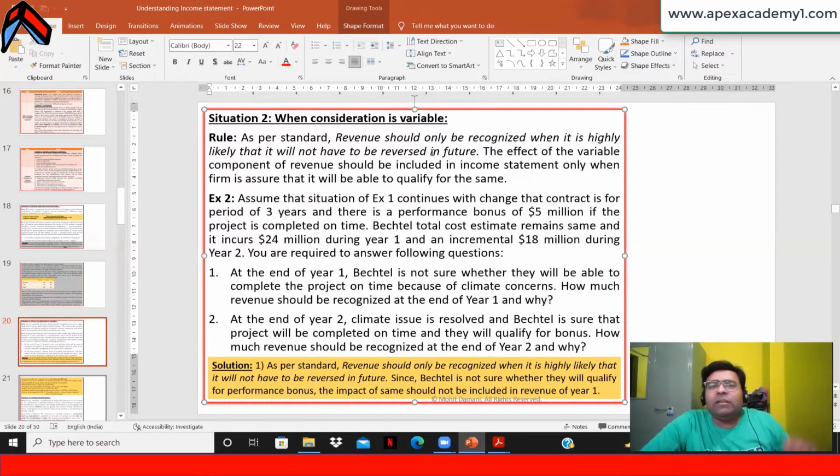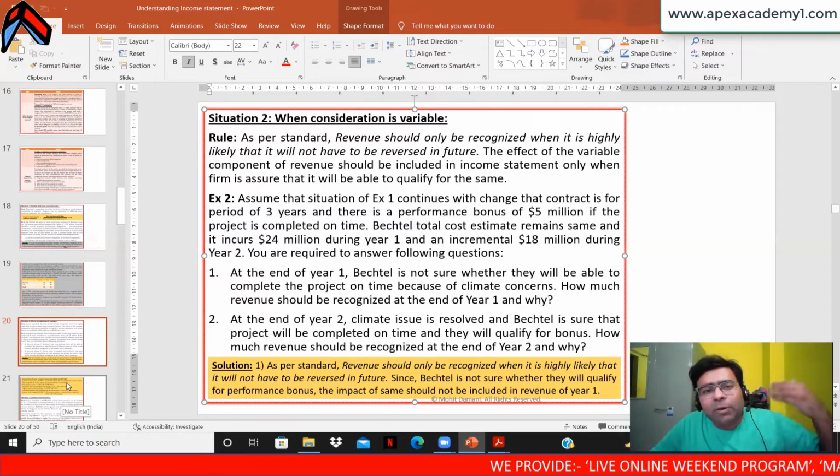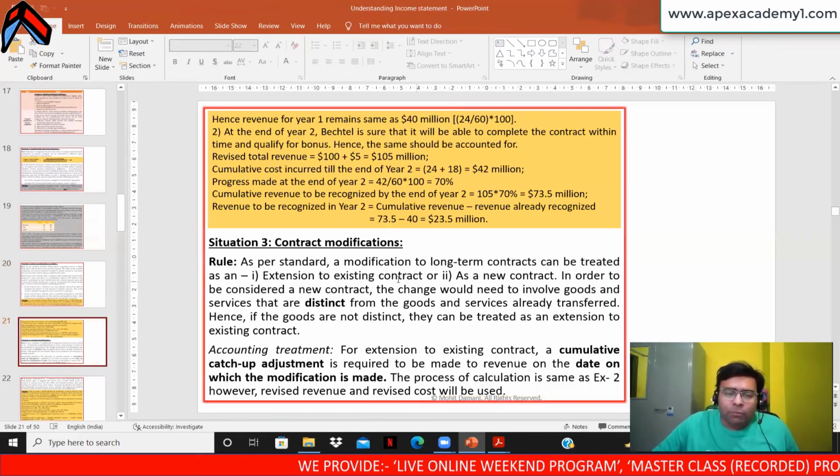That extra 20 is the variable part. The rule says that you should only recognize it when it is highly likely that it will not be reversed in future, when you are pretty sure of it. You don't need to judge this because the exam will tell you whether you have to do that or not.